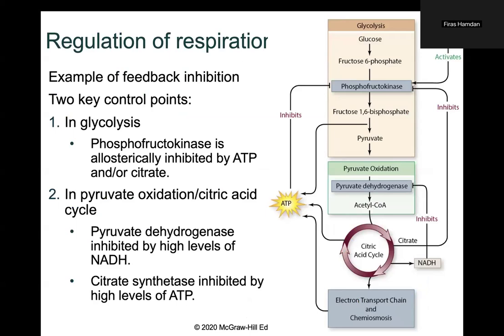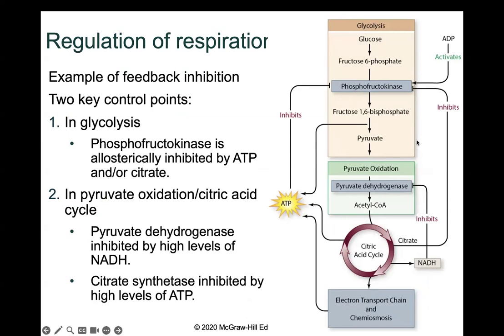So this is a really nice mechanism, biochemical pathways that are connected to each other. But as I once said, we don't want to deplete all our glucose.